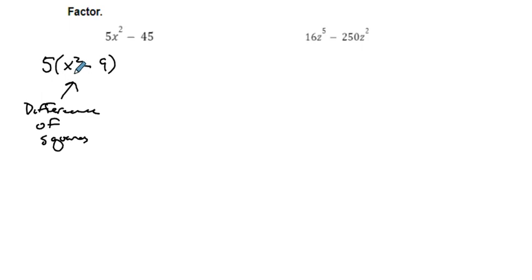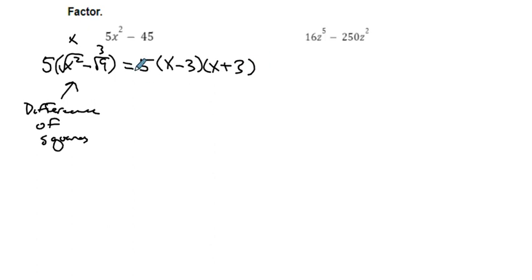I know how to factor that. You take the square root of this, which gives you x, and the square root of this gives you 3. So we're going to have 5 out front, because we can't forget about that, and then your x minus 3 and your x plus 3.